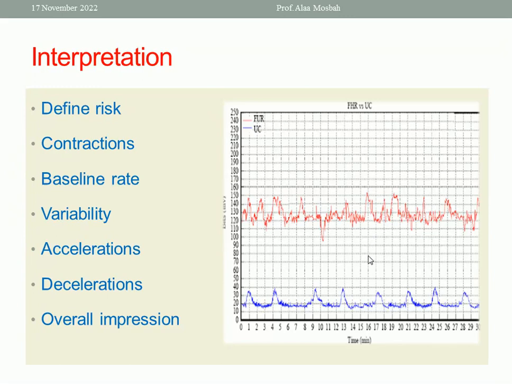The variable deceleration with concerning characteristics is an abnormal one. Repeated late deceleration for more than 25 minutes is also a dangerous sign. So, at the end of the CTG, you should say, is it normal or non-reassuring or abnormal? Then the intervention follows.